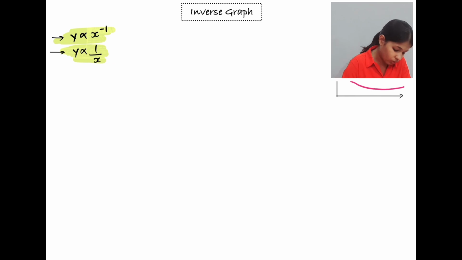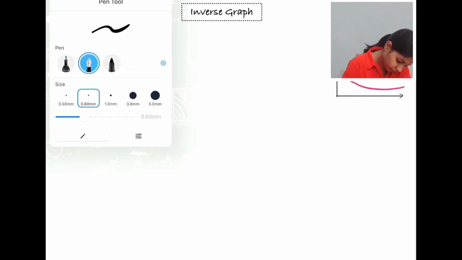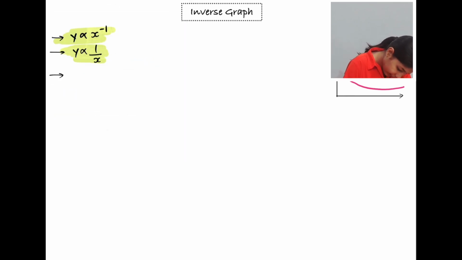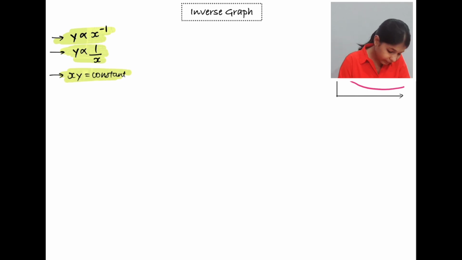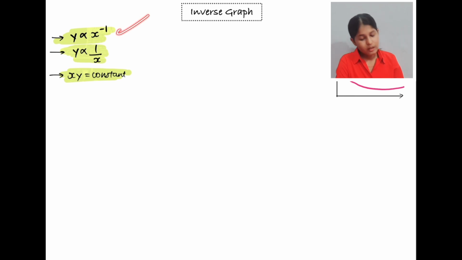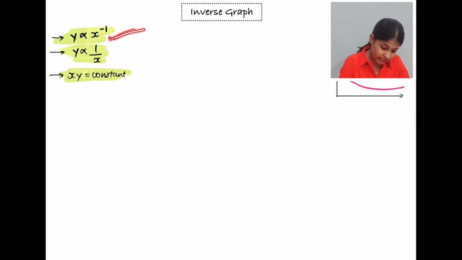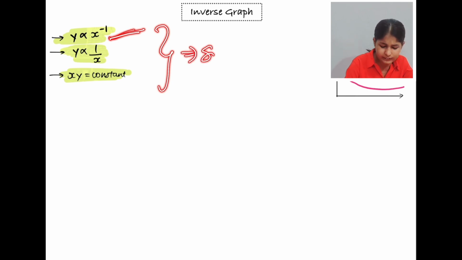So even if this kind of thing is given, that x into y is equal to constant, it will be the same. Three criteria are given, and if it is written in this form, all these are showing the same thing.